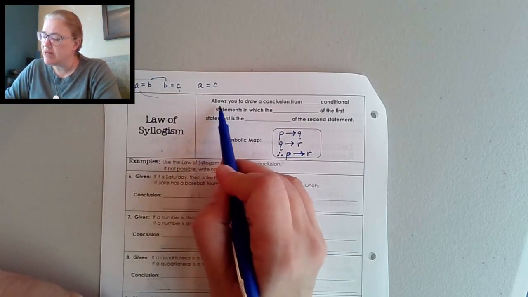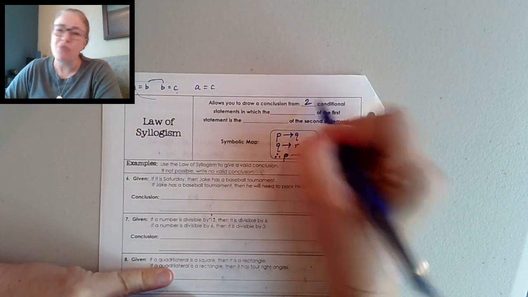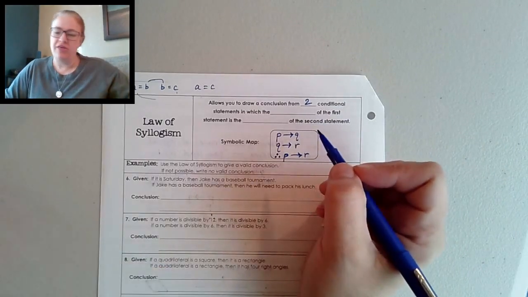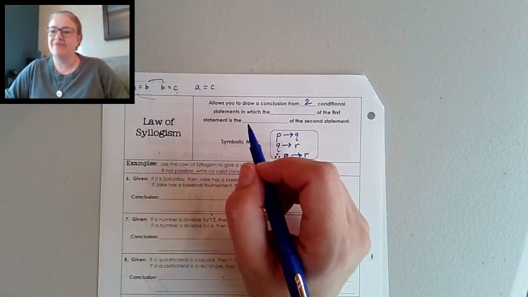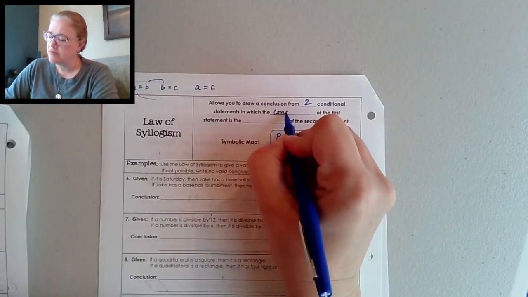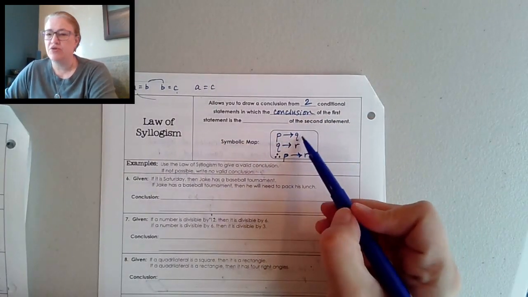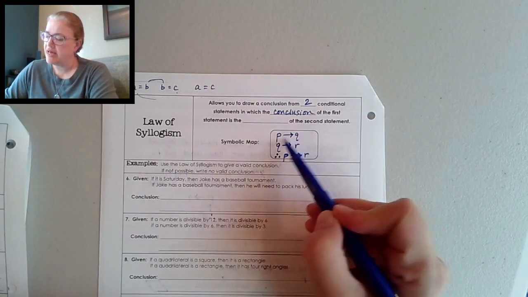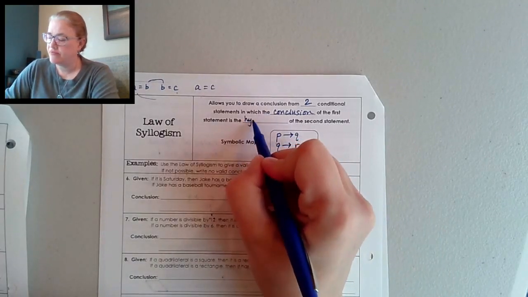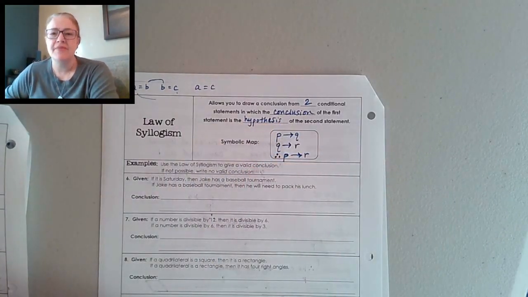The law of syllogism allows you to draw a conclusion from two or more conditional statements in which the conclusion of the first statement, like Q here, is the hypothesis of the second statement, like Q right here. Okay, that's the law of syllogism.